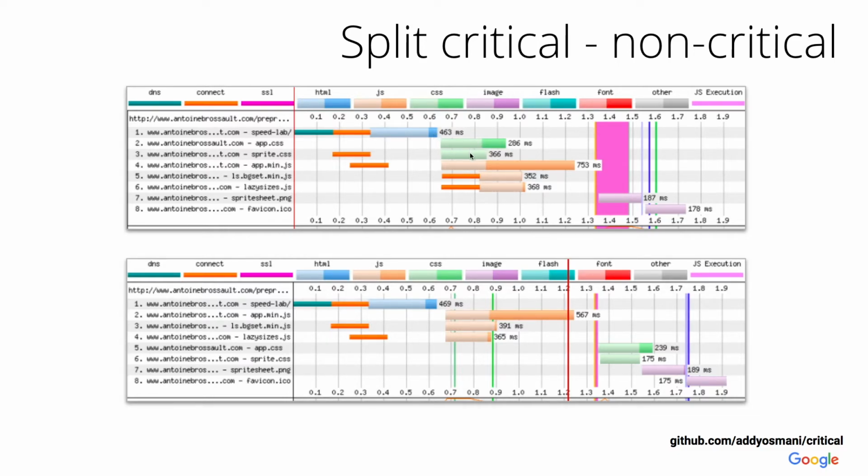On the optimized version, our CSS is now in the blue request, the first request, because we inlined the critical CSS. So when we are done with this blue bar, with the first request for the HTML document, we already have the style we need to show something to the user.